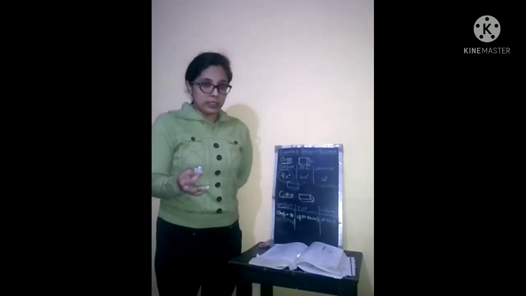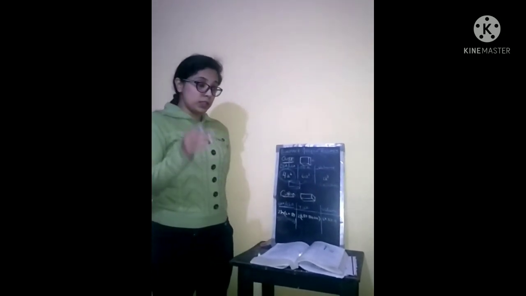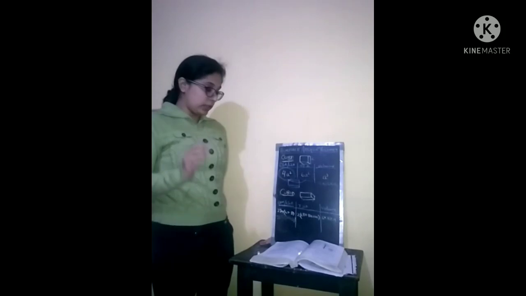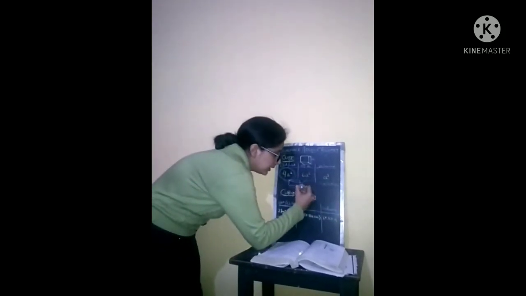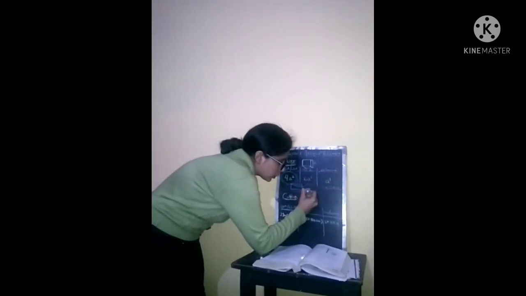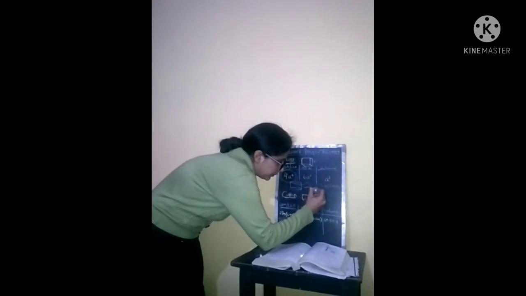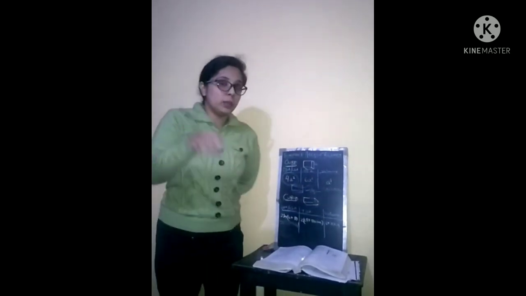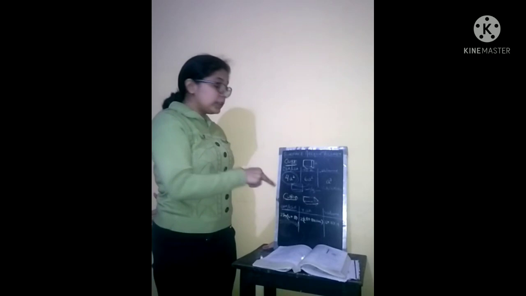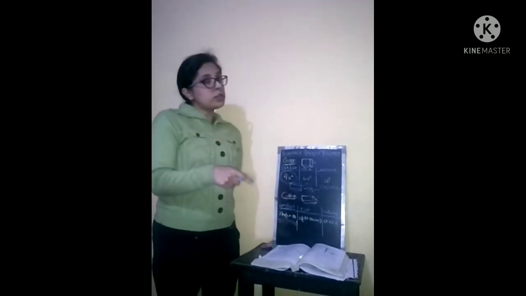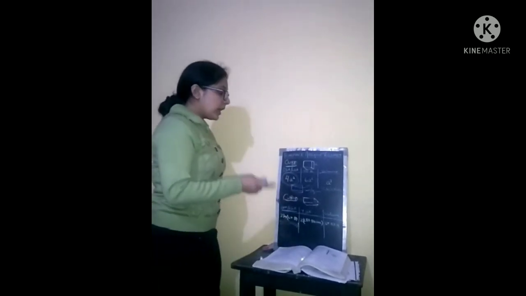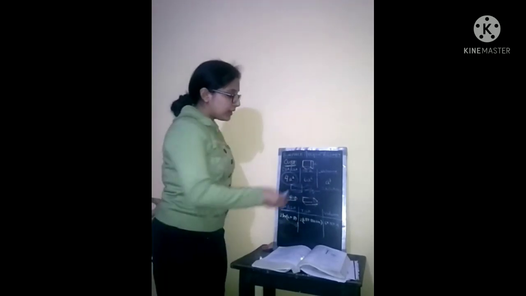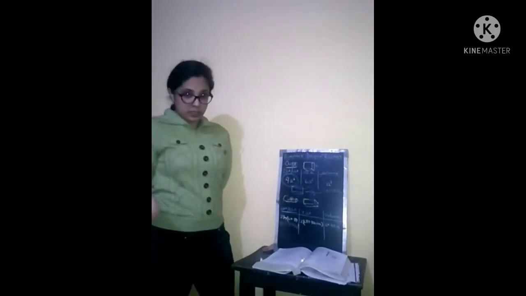Unit is very important; without it your answer will not be complete. Here the unit will be centimeter square or square centimeter. If your dimensions are given in meters, then your unit will be meter square or square meter. Because here I am finding the area, I will write centimeter square or square centimeter.